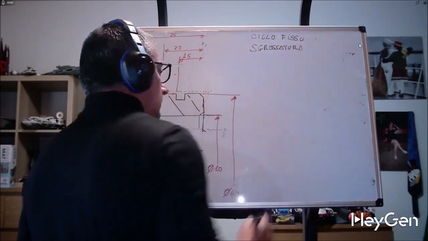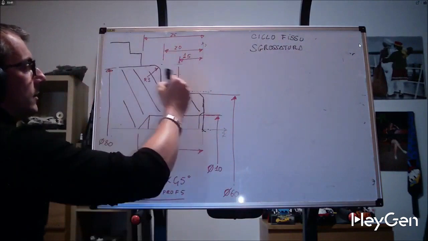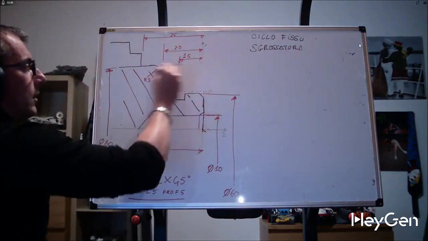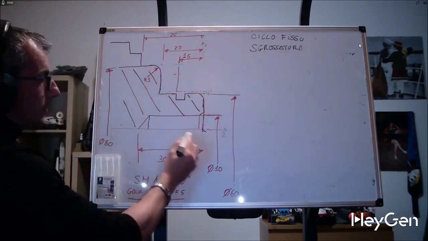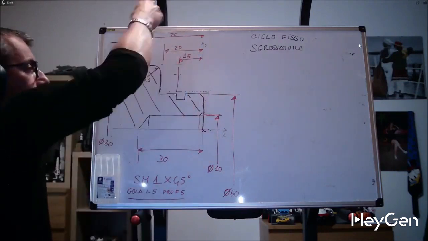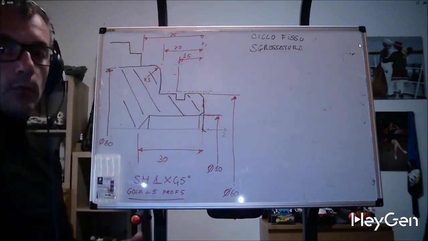Okay? So the fixed roughing cycle allows you to determine the dimensions of the blank and rough out all this area, either internal or radial, with just 2 lines.